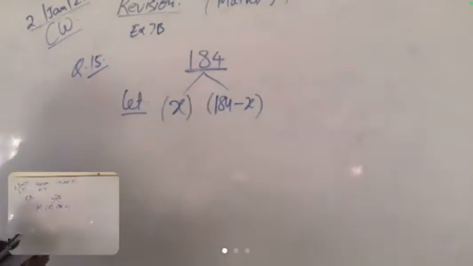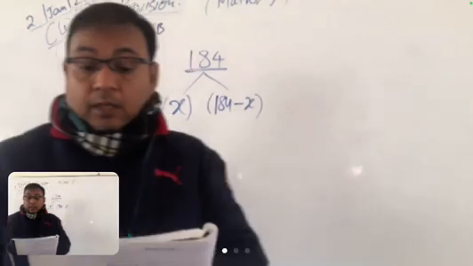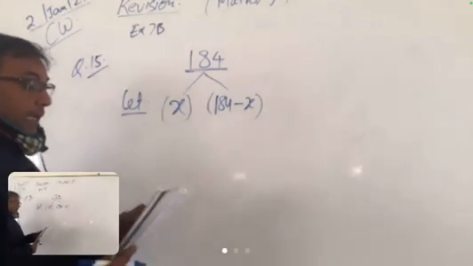Now the question is: one third of one part may exceed 1/7 of the other part by 8.